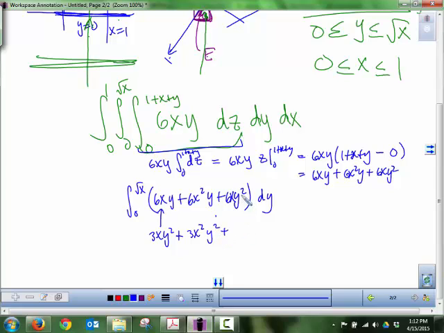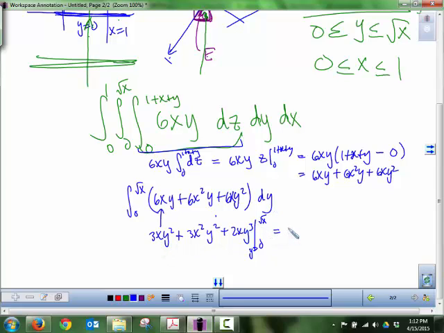And then now this is y cubed over 3. So 2xy cubed, and then the 3 would cancel with a 6. And I have to remember that these are my y values that I'm going to replace from 0 to square root of x. So if I put 0 in there, it's all going to be 0, so I just put square root of x in for y.